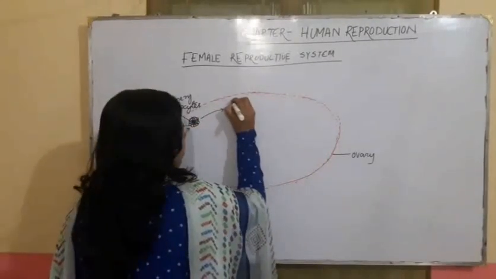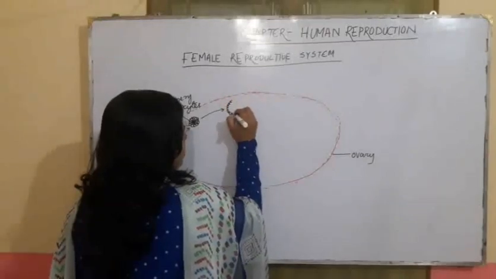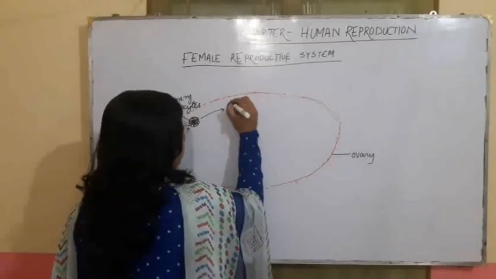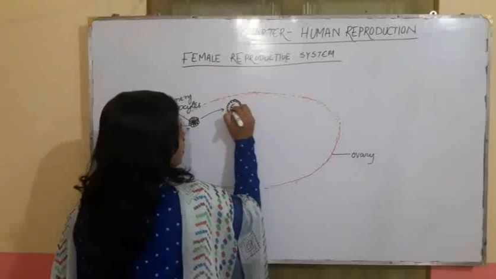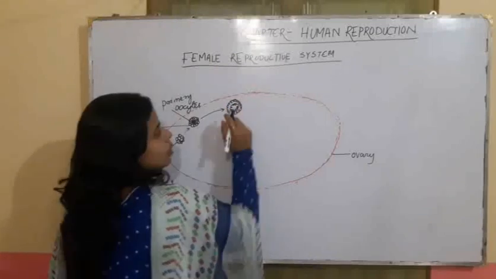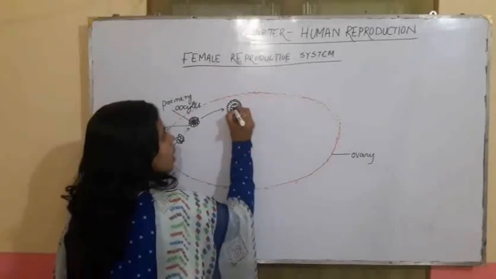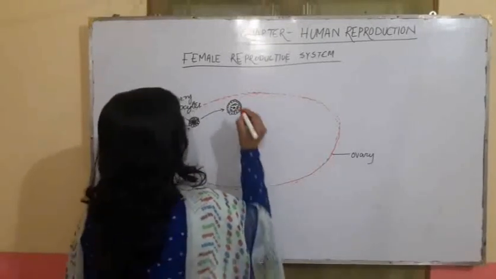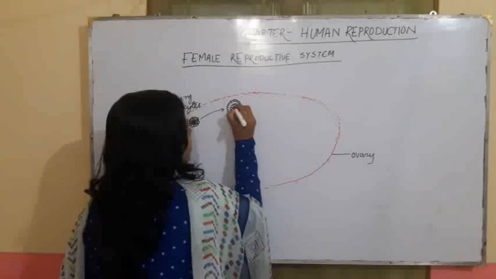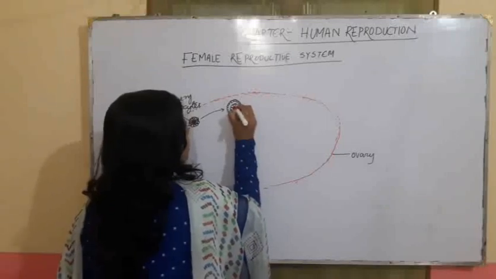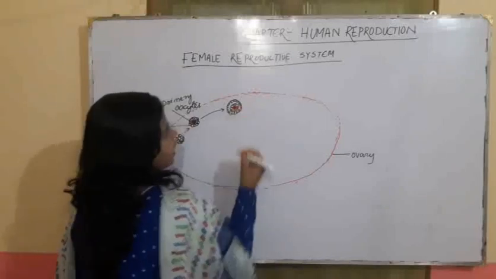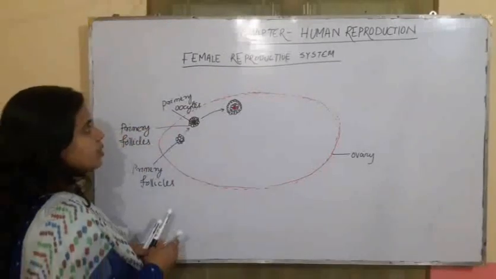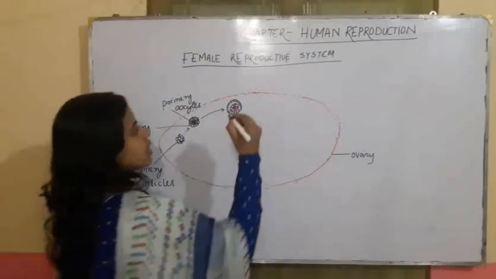Okay, so here suppose these cells are there, 2 layers, and this is our oocyte. Okay, so again here is the labeling.